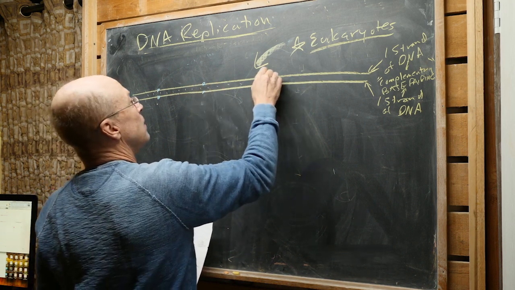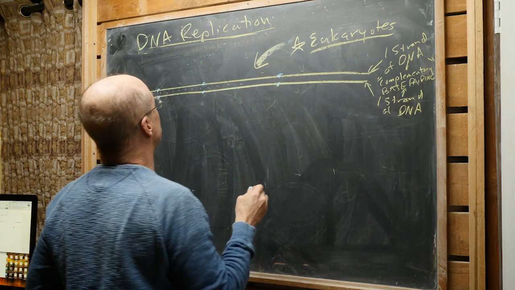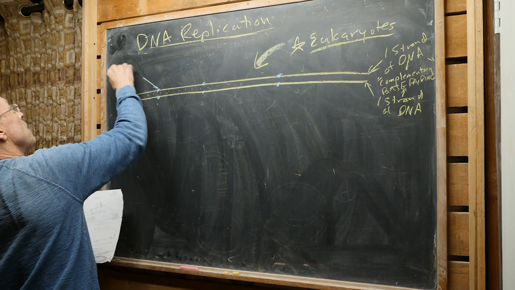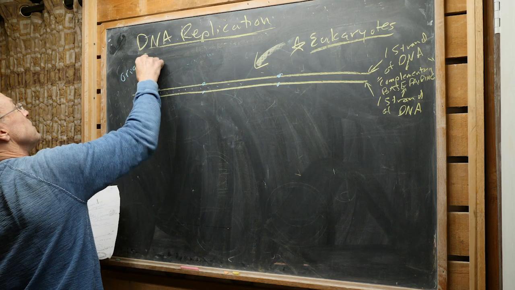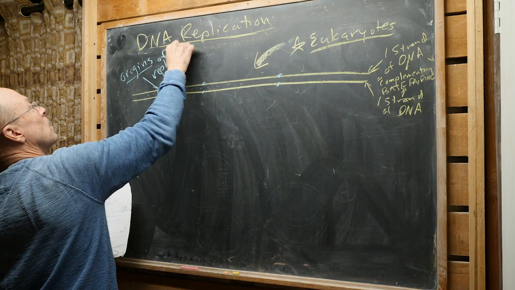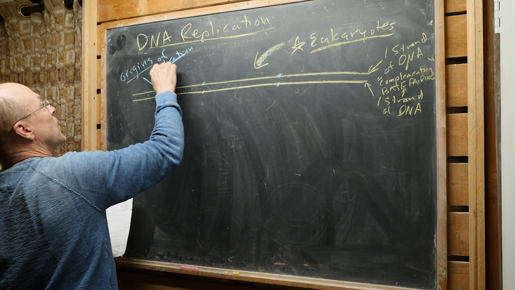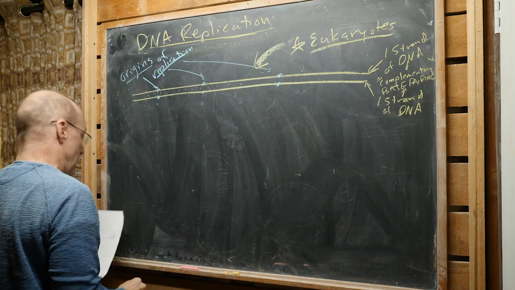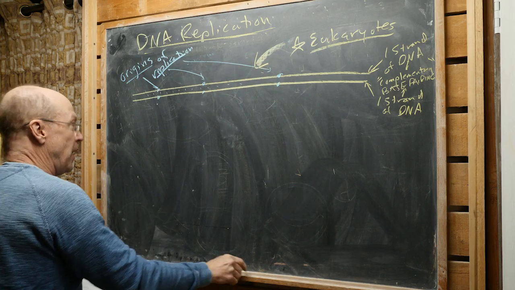Let's just draw 3. So 3 origins here. So that's what these blue things are. Origins of replication. And of course, there's multiples that I've drawn. And here's what's going to happen then.